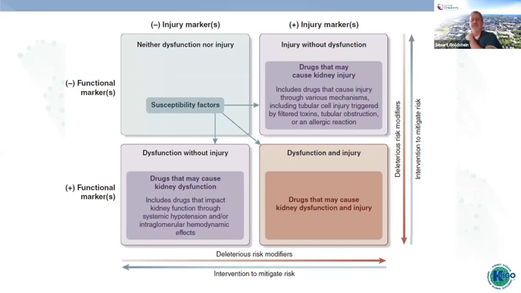And there's injury without dysfunction up in the top right. Those are the things we classically think about as tubular damaging drugs. And then patients who have dysfunction and injury. And then we need to think about deleterious risk modifiers that make these worse, or interventions to mitigate risk.